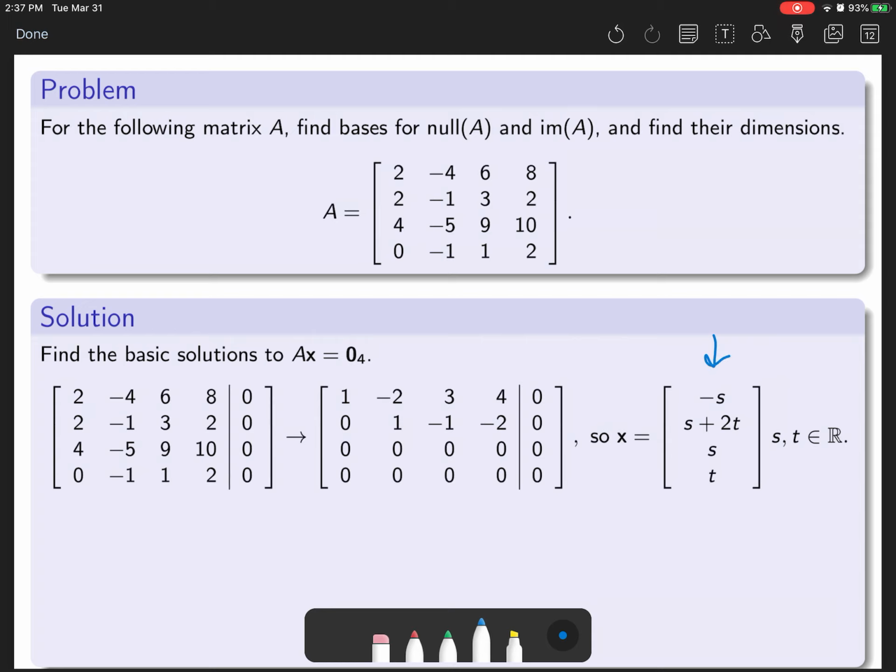We see that we're using 2 parameters because we have 2 free variables. And each of the vectors associated with those parameters are going to give us a basis vector for our null space.